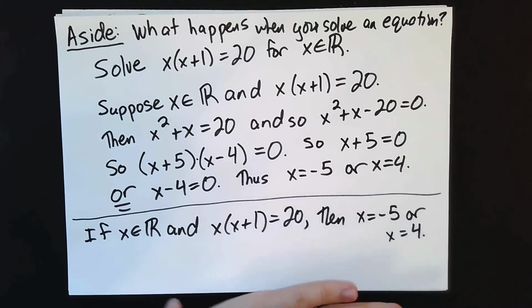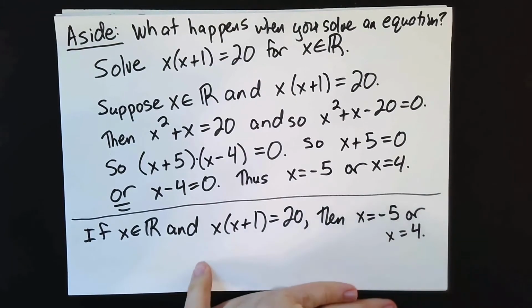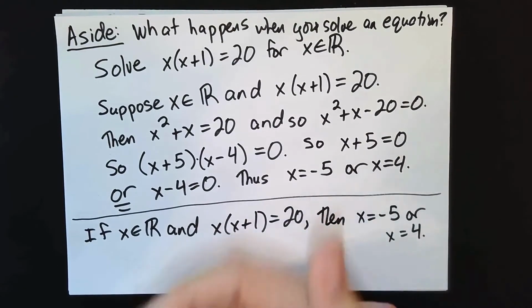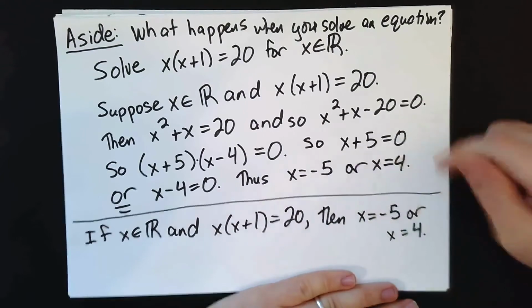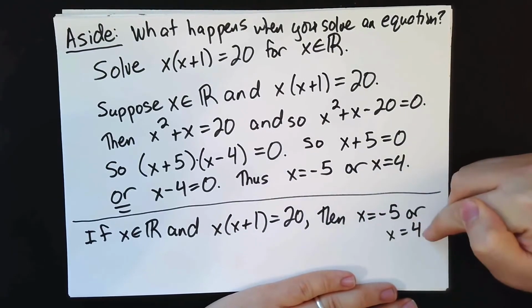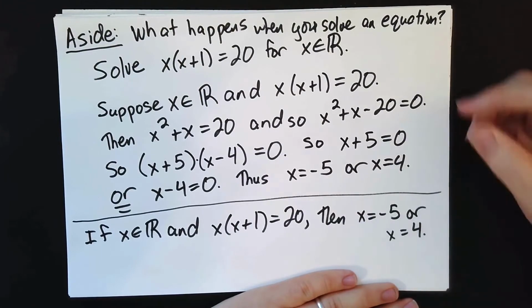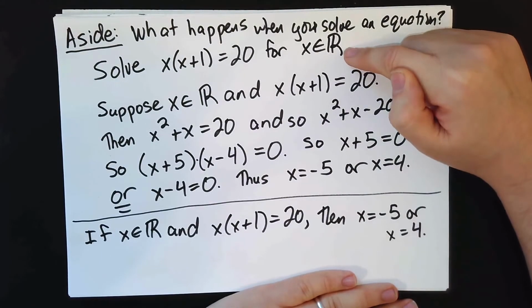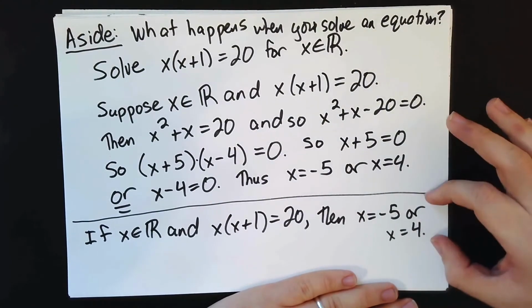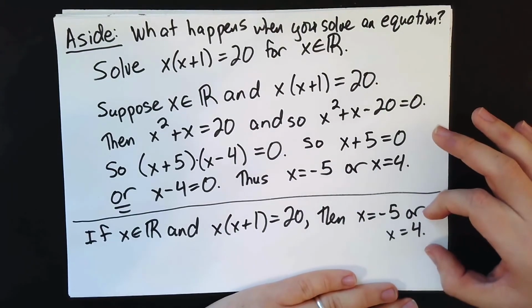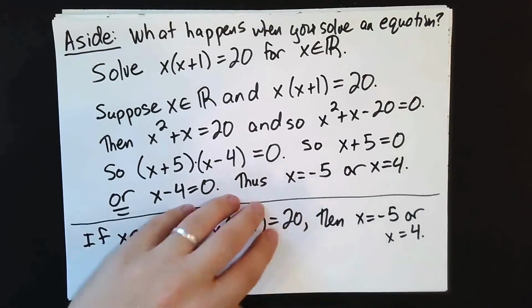Now, if this reads a little oddly to you, it's because this isn't even really what I wanted. I really wanted to know that x equals minus 5 and x equals 4 were solutions. But when I quote-unquote solved the equation, that's not even what I actually learned. Okay. Let me do one more example and show you why that matters.